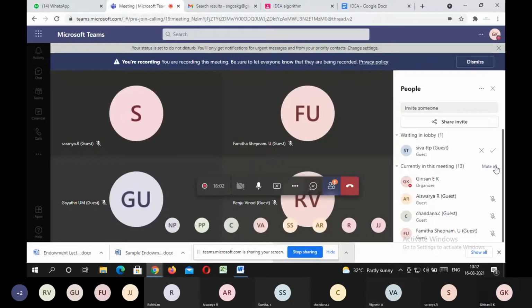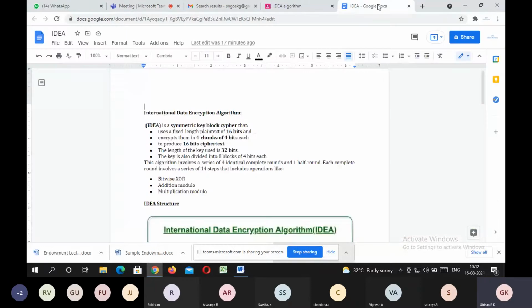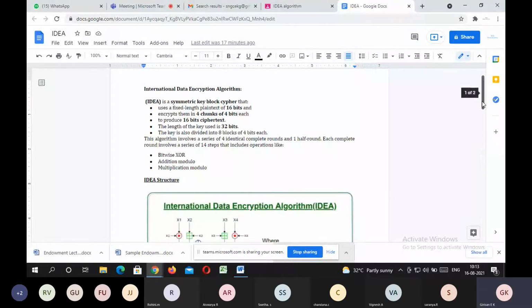That is called modular addition and modular multiplication. The size of both inputs must be of the same length. So these are the three important operations involved in the IDEA algorithm, International Data Encryption Algorithm.